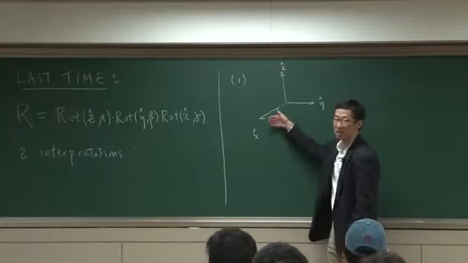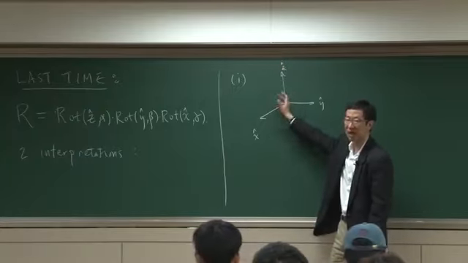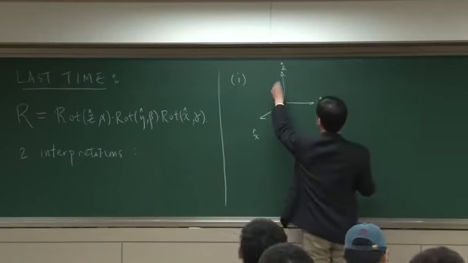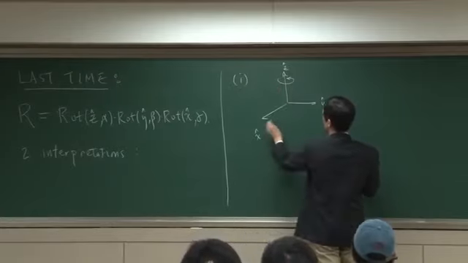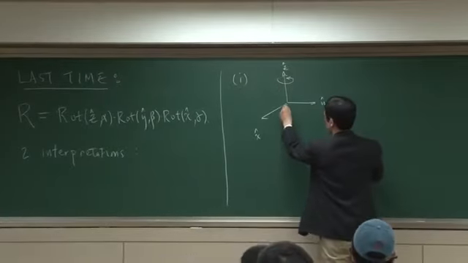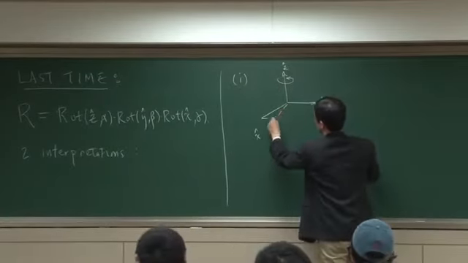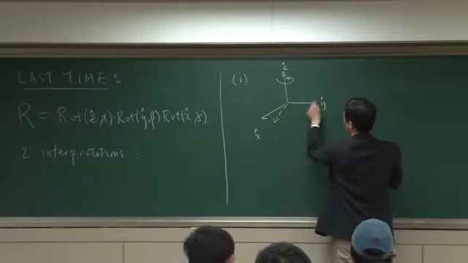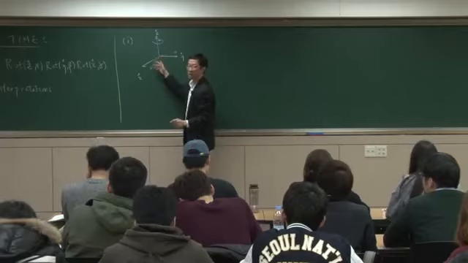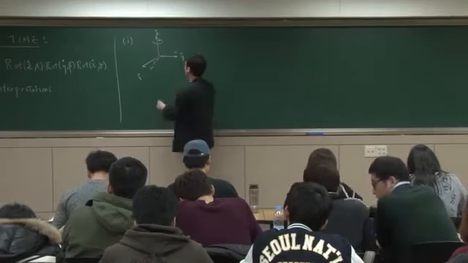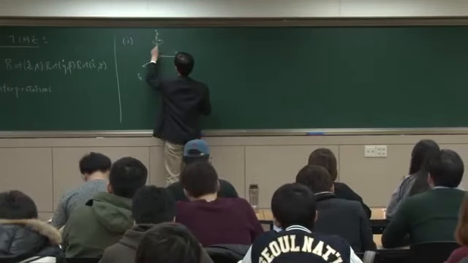We first rotate this frame around the z-axis by an angle alpha. If we do that, x will rotate to some vector here. Y will rotate to some other vector here. And z will stay the same.